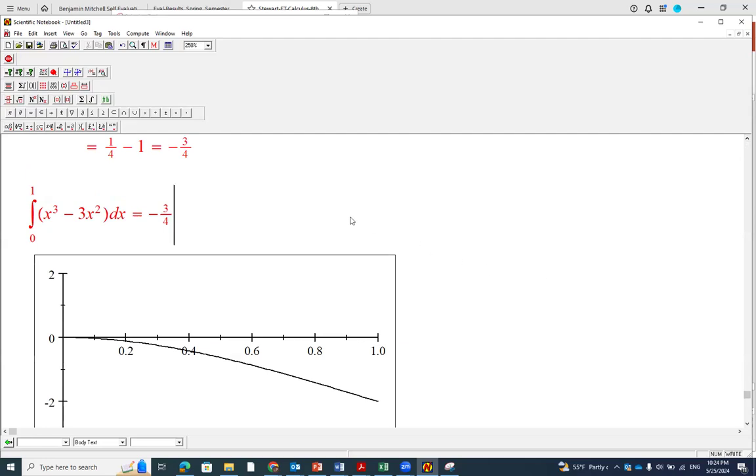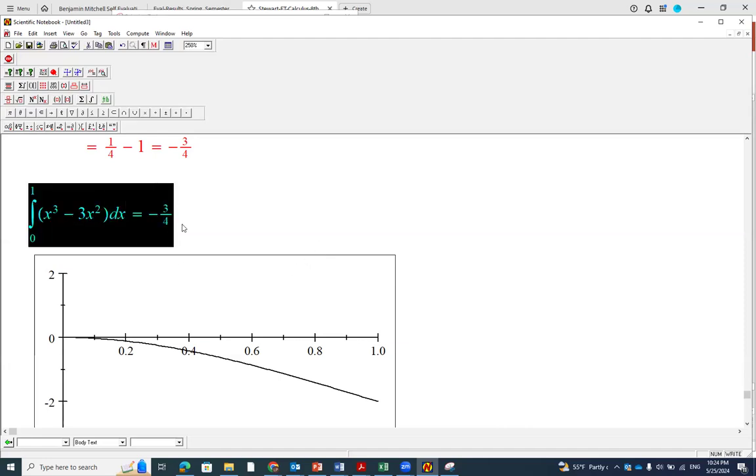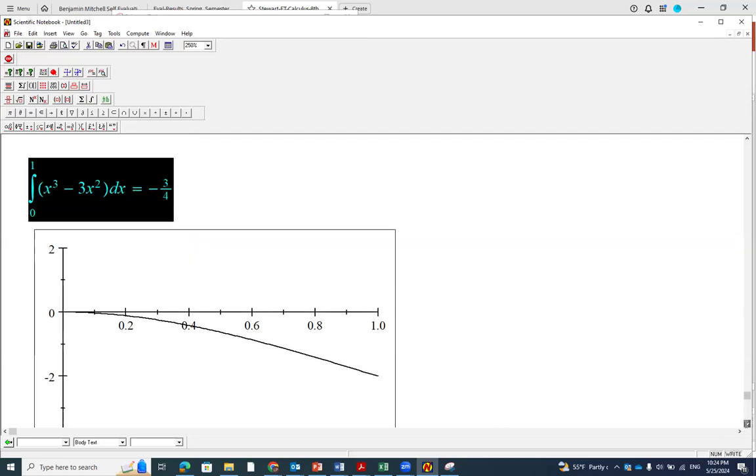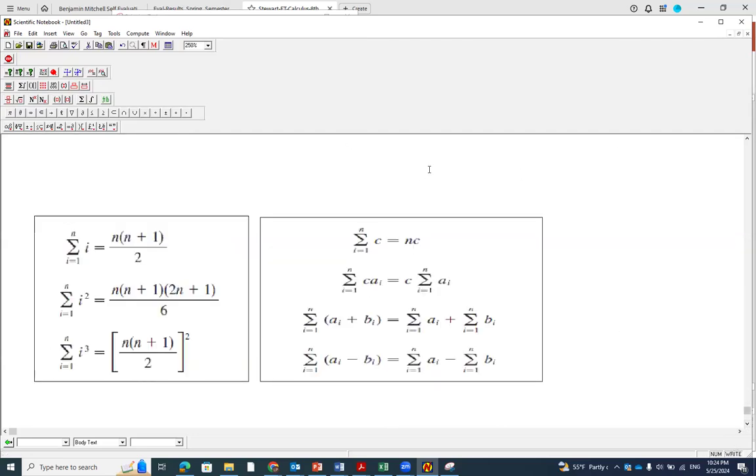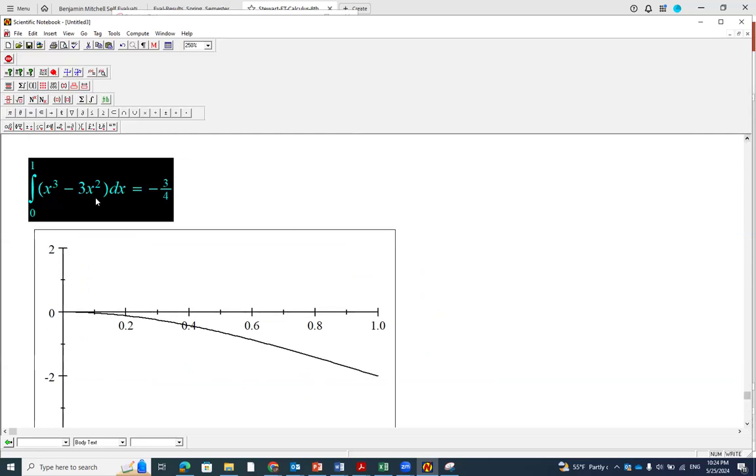In comparison, when we apply fundamental theorem of calculus part 2, which we can use to verify, is this answer correct, right? So we're going to use fundamental theorem of calculus part 2 to verify this.